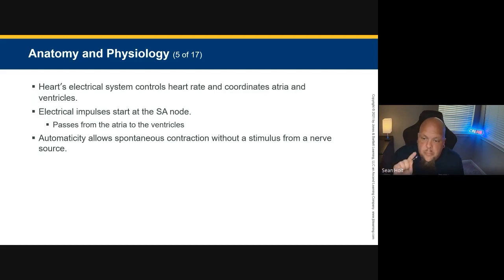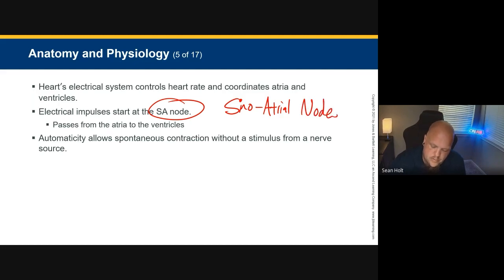But there's one spot, only one spot that we really, really want to be starting that impulse, and that's called the SA node, sinoatrial node. That beats 60 to 100 times per minute.